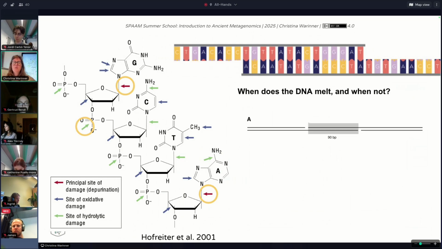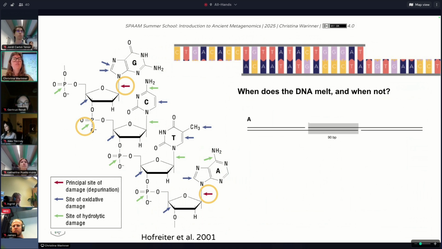So how do we know when the DNA is going to melt and when it's not? Well, it all depends on the number of hydrogen bonds that you have. The more hydrogen bonds you have holding that DNA together, the more likely it is to stay intact. But if those nicks get closer and closer together, the number of hydrogen bonds holding the DNA gets smaller and they become too weak to hold it together.